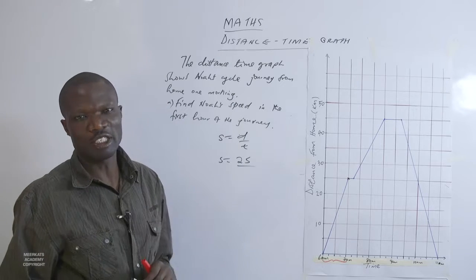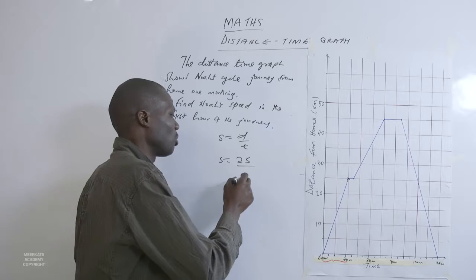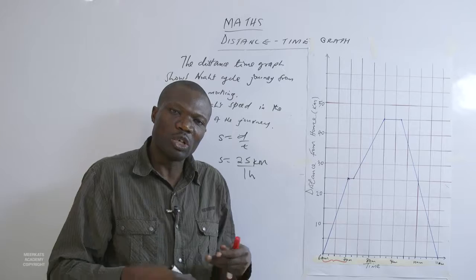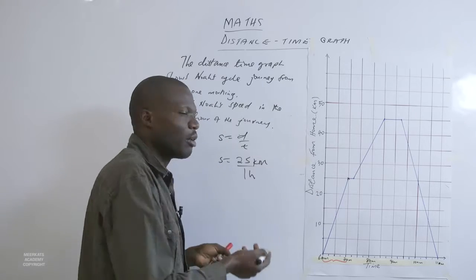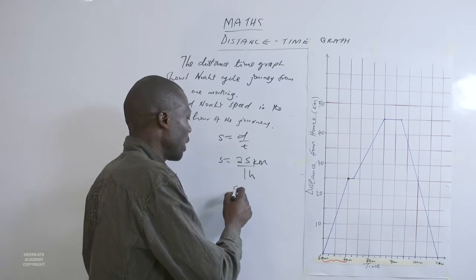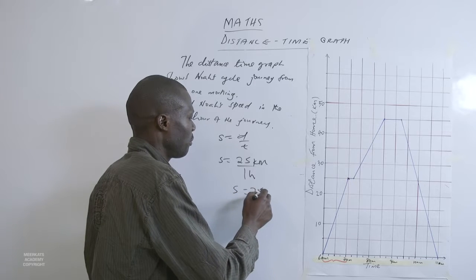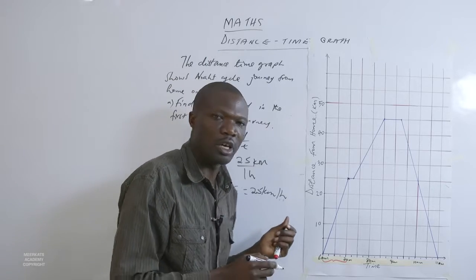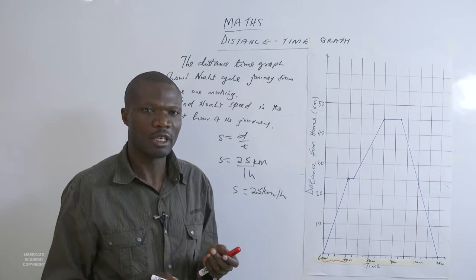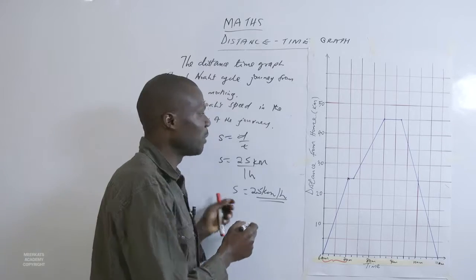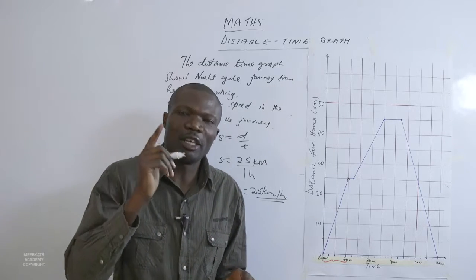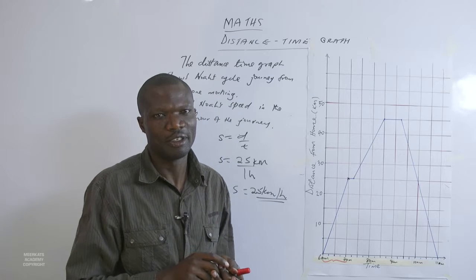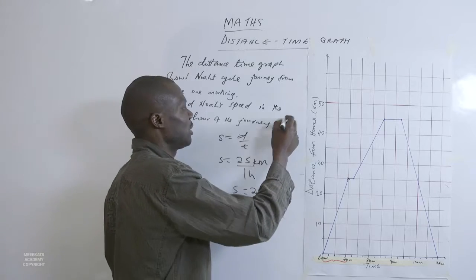This one they just told us straightforward: the total time taken was 1 hour. The total distance covered is 25, so it is already per hour. Therefore, the answer is S equals 25 kilometers per hour. This is the speed of Noah in the first 1 hour. So this question is done.